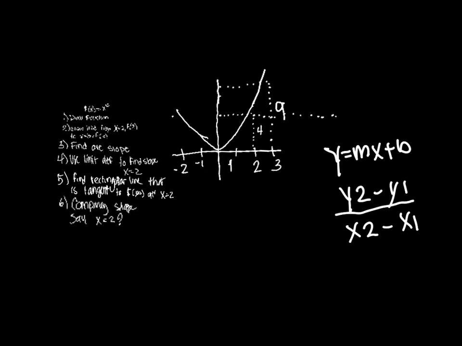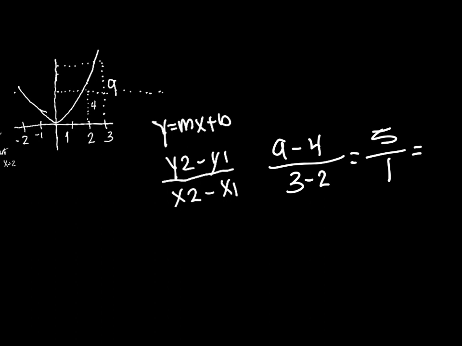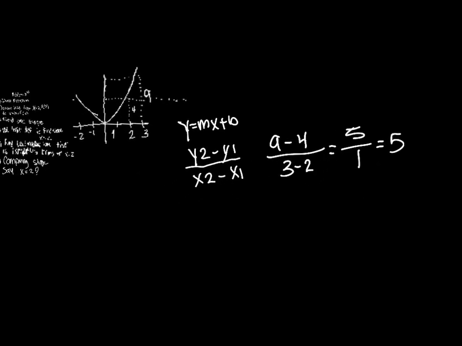So all we have to do is plug in 9 minus 4 over 3 minus 2, which is equivalent to 5 over 1, or just 5. So then we found the slope.